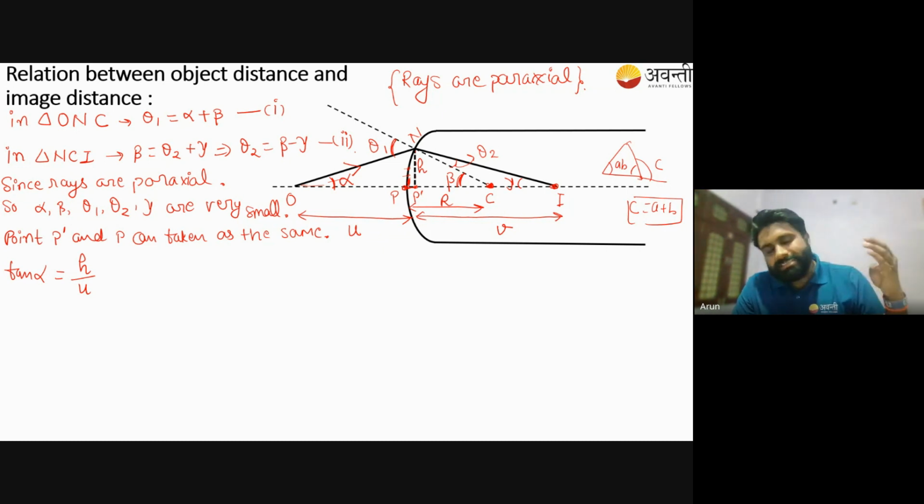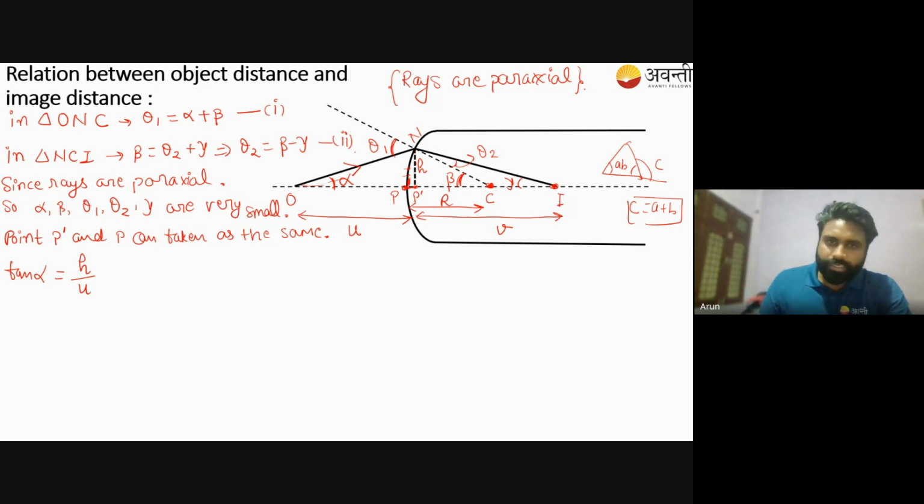All the distances measured in the direction of the incident ray are considered positive, otherwise negative. So U is the distance which is away from the surface, and it is against the direction of the incident ray. Got it? So this would be minus U.